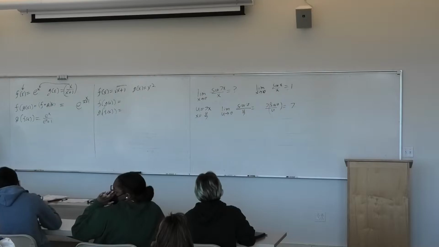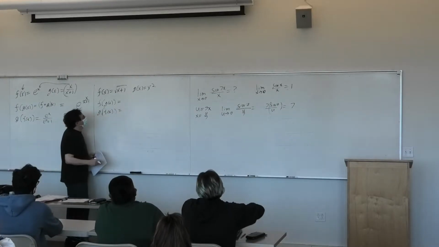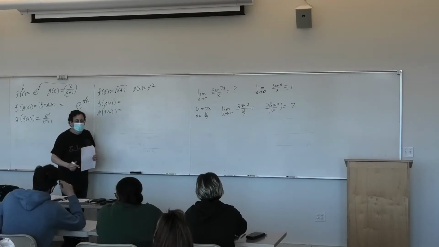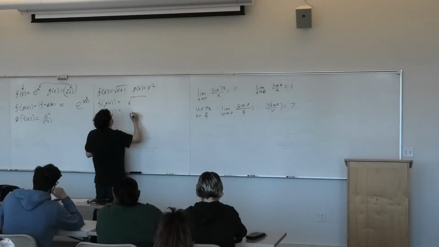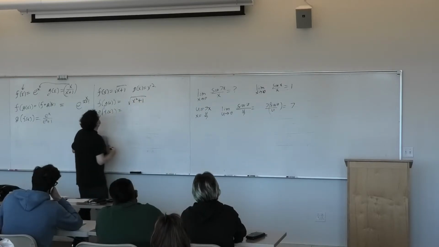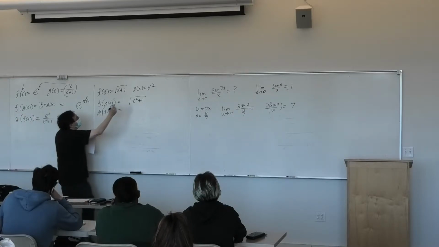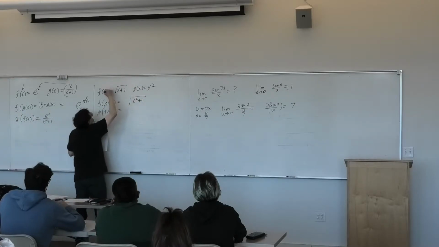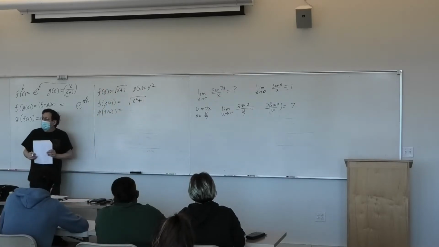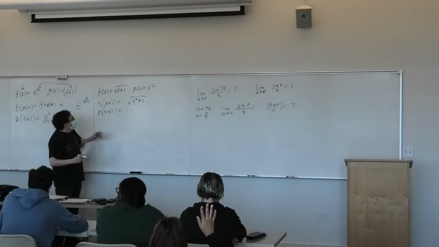Okay, someone want to tell me what f of g of x is? Okay, so the square root of x squared plus 1. We took g of x, plugged it in here, and it goes there. Looks good. Someone else tell me what g of f of x is?